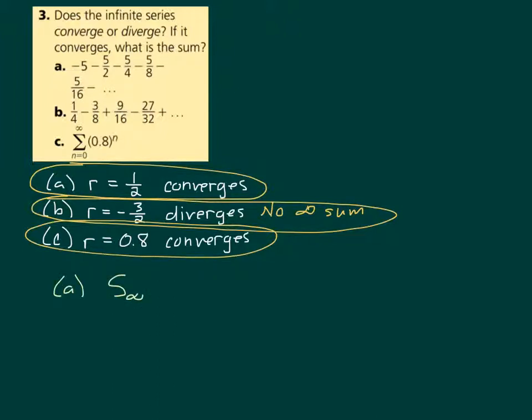The infinite sum, so the sum of the first infinite number of terms, is the first term over 1 minus r.